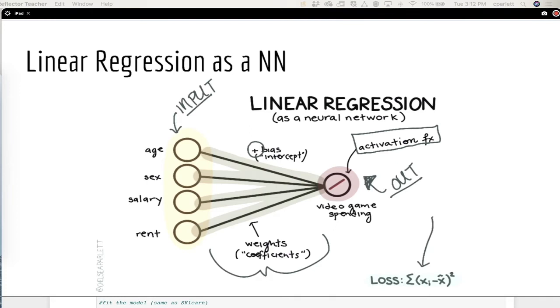And what we're doing is this loss function is something, as we talked about before, that we want to minimize. We want the loss to be as small as possible. And that is exactly how your neural network learns. It iterates through all of the data and tries to minimize that loss function. When it's effectively minimized the loss function, then it's done training and it'll output your model for you.